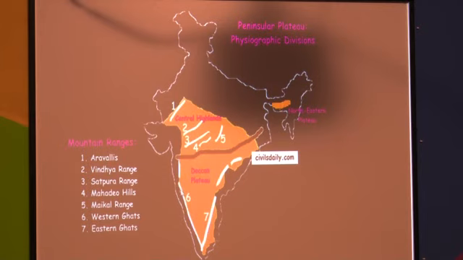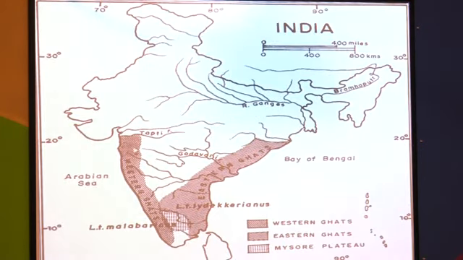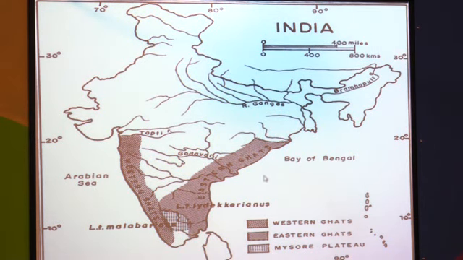So students, we will discuss more about the Eastern Ghat and Western Ghat. See here, the Western Ghat is near the western coastal area, and the Eastern Ghat is near the eastern coastal plain area. The Godavari river is flowing here, the second one, the Krishna river, flows in this direction, and the Kaveri river also flows in the eastern direction.